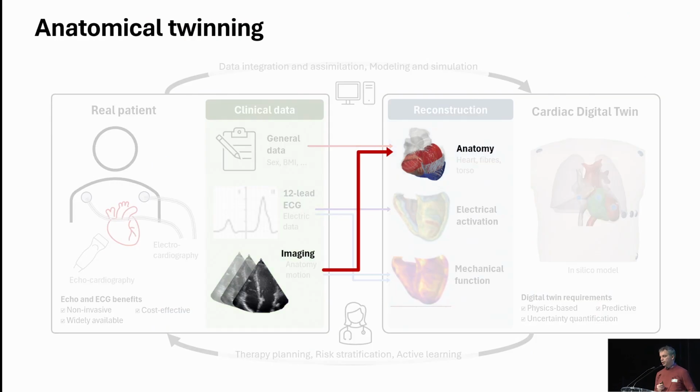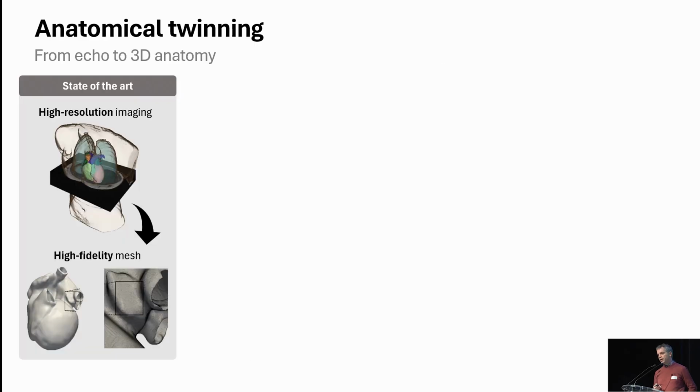We have also been working on digital twinning of the anatomy, what is called anatomical twinning. Here the state of the art is something like this. You get a CT or MRI, high-resolution imaging. Then you mesh. You can imagine that this process is not that easy.